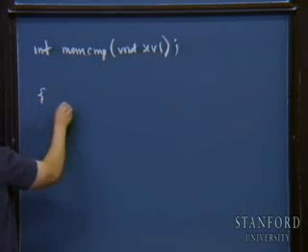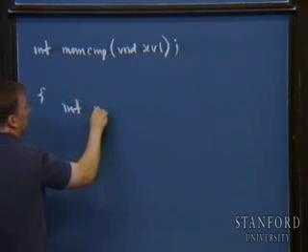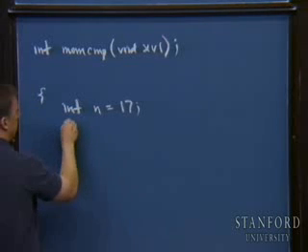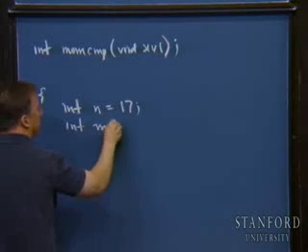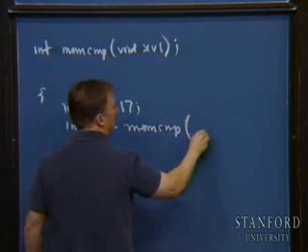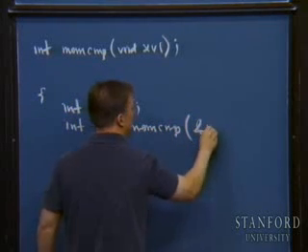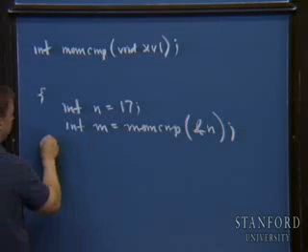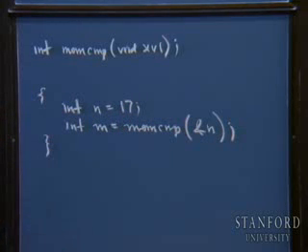And then I have some block of code that declares an int called n equal to 17, and I do int m is equal to memCompare of ampersand n. And that's it. Okay, it's not a very interesting block of code. I just want to see what happens if we call a function with only one argument that really expects three.